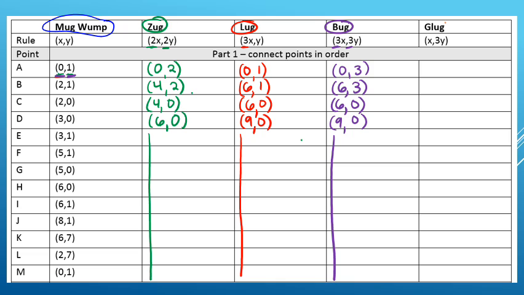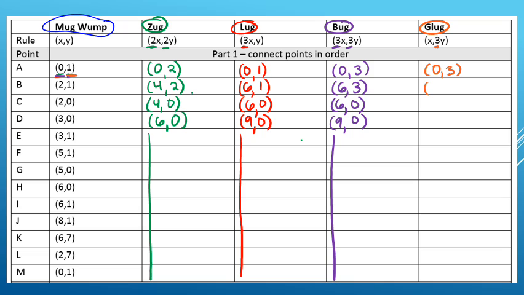And now let's go ahead and wrap up with Glug. For Glug, I keep the same x coordinate, so I do nothing to the x coordinate. I simply multiply the y coordinate by 3. So in the first one, I keep the 0, and then I do 1 times 3. That gives me 3.